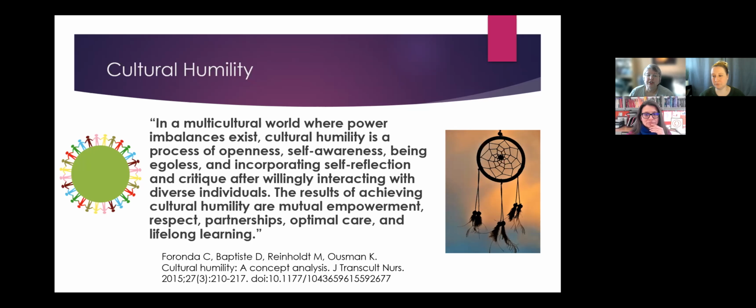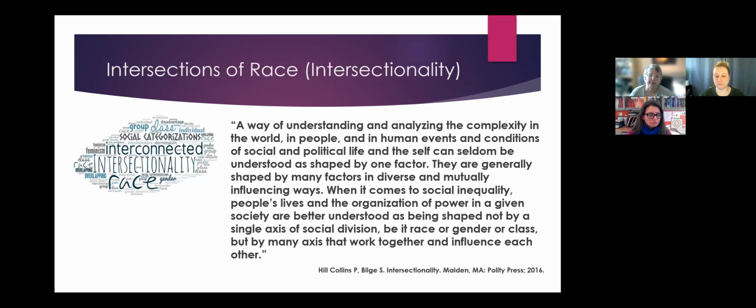The results of achieving cultural humility are mutual empowerment, respect, partnerships, optimal care, and lifelong learning. Wow, I just think that's so powerful. It means so much when we're looking forward for taking care of people.